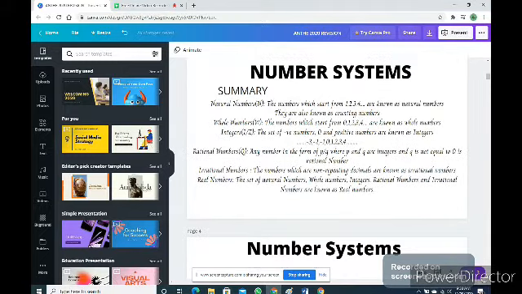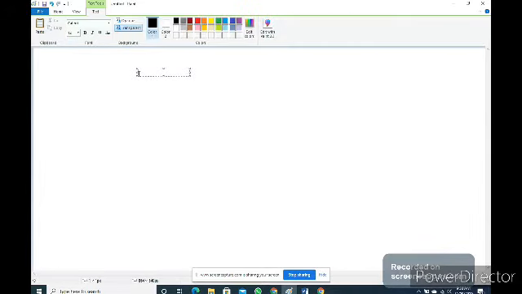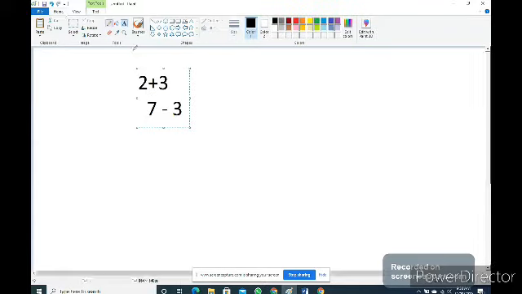For now, let's see how we can do this. For example, if we are asked to rationalize the following number: 2 plus 3 divided by root 7 minus root 3.